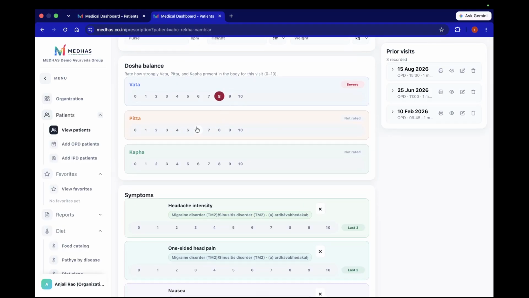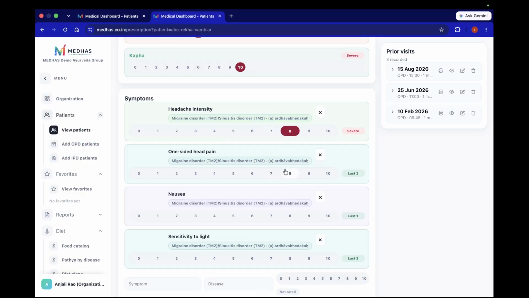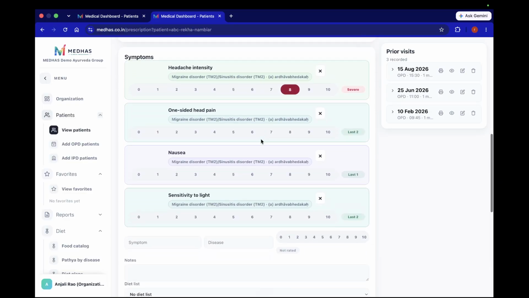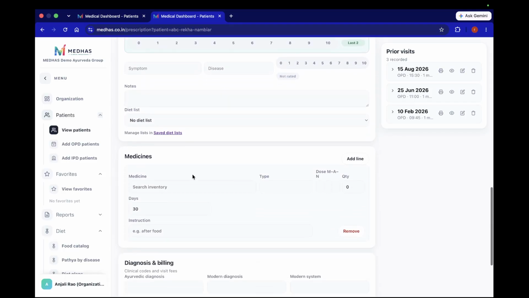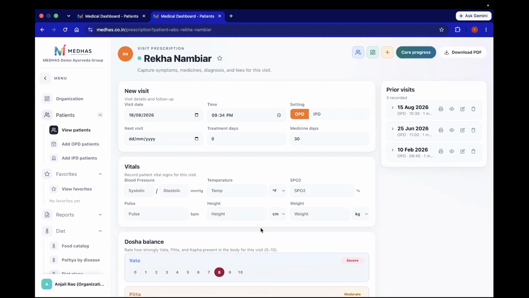So this basically runs with a 10-point rating scale where each and every symptom and dosha, once the doctor discusses, can be documented however they want, and they can select which medicines they are using, just like creating a prescription in any other EHR tools.